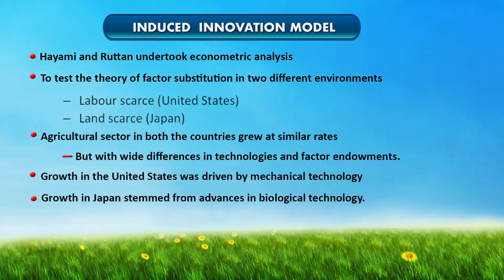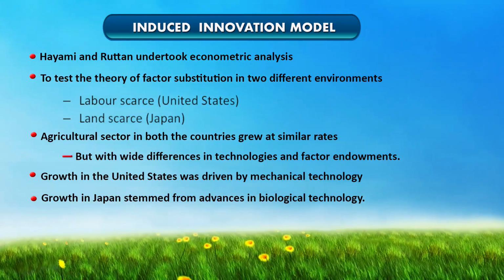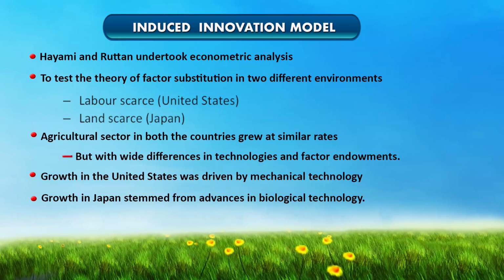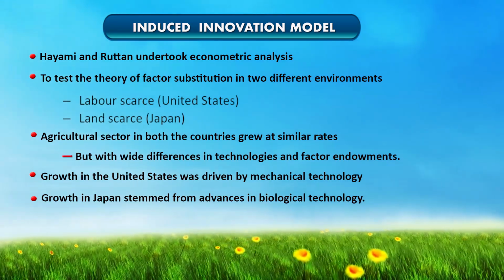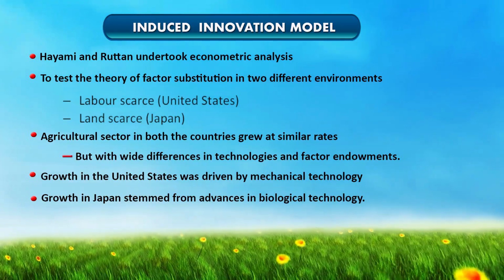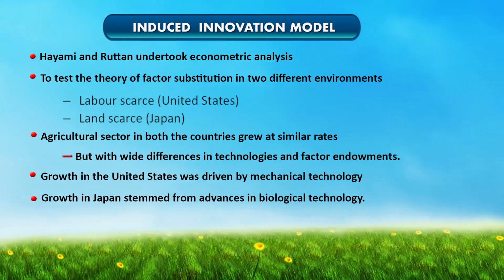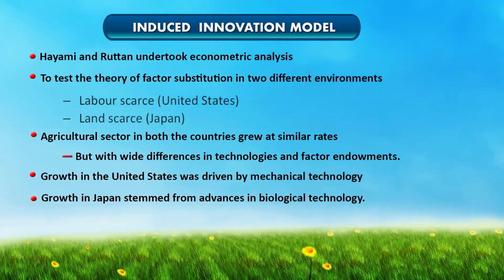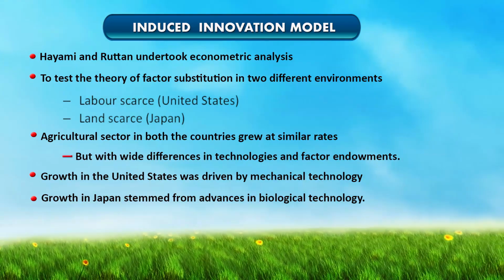So the agriculture sector in both countries grew at similar rates. In the United States, we have sufficient land; in Japan, we have sufficient labor. But in both countries the growth rate in agriculture is almost similar, though they used widely different technologies and factor endowments.